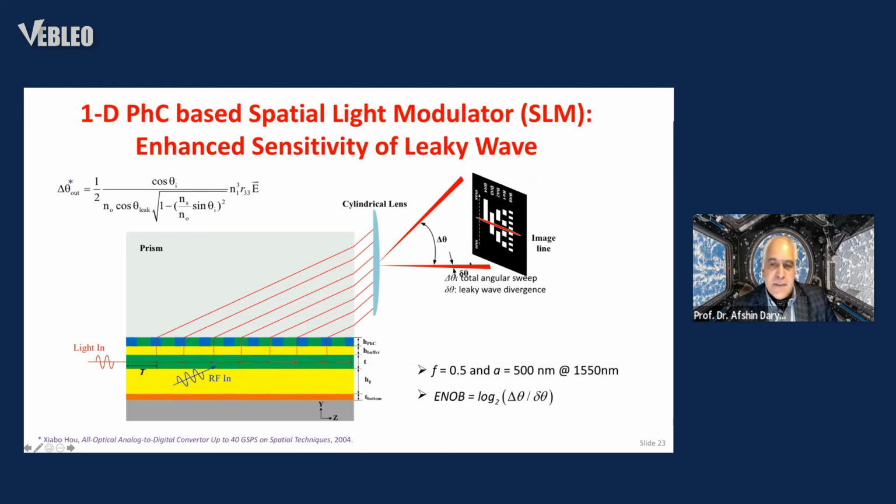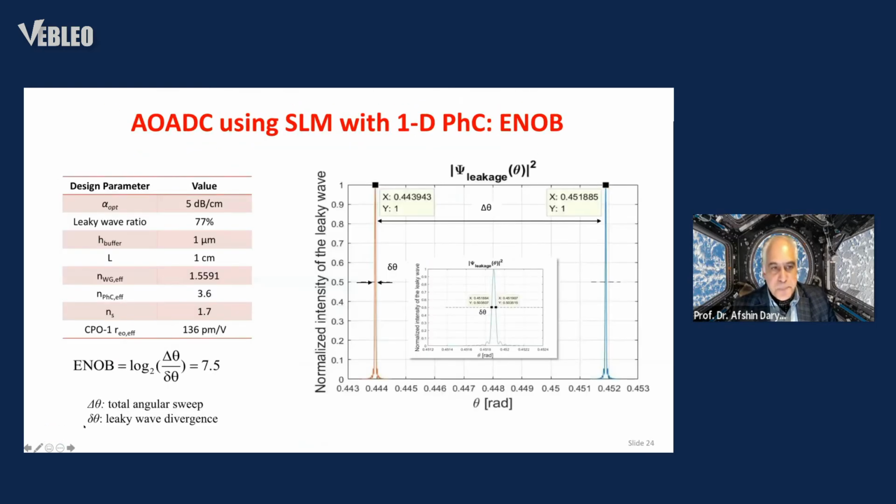The diffraction angle is going to be the lowercase of the delta theta, and then the log in base 2 of this quantity will identify what the effective number of bits is going to be. Note that with the electro-optic material, R33 is going to be adjusted with the applied electric field, and as a result of it, the angle at the output is going to be controlled.